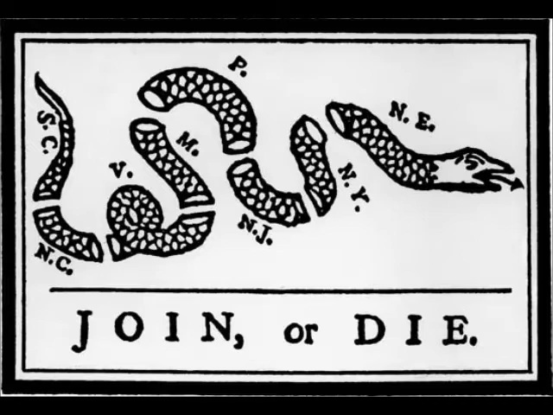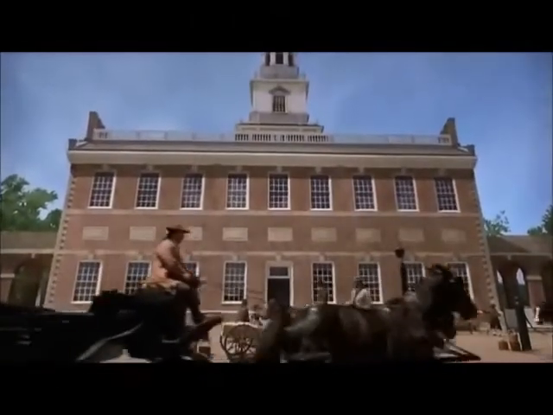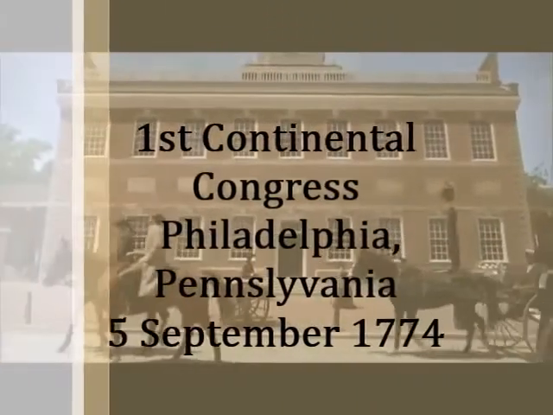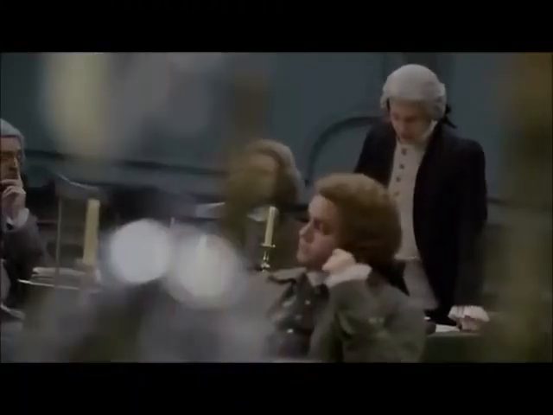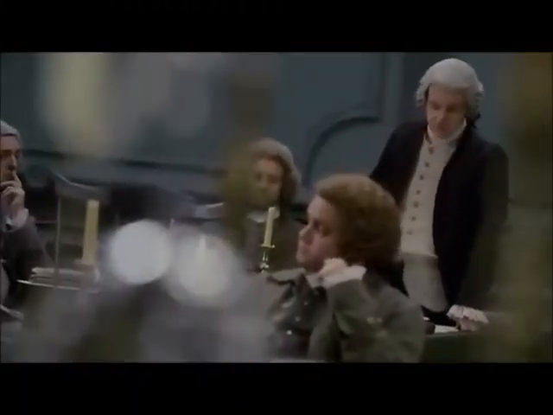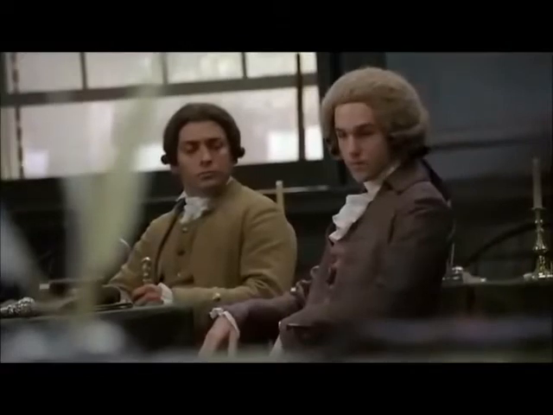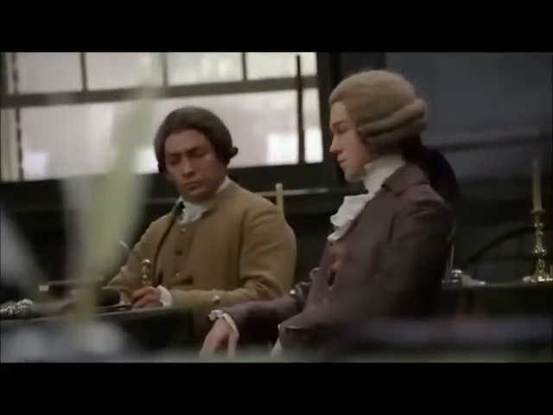Delegates from all colonies were invited to Philadelphia on September 5, 1774, for the first ever Continental Congress meeting. 56 delegates met. It was voted to condemn the Intolerable Acts and pass a Bill of Rights listing the freedoms Americans were entitled to.